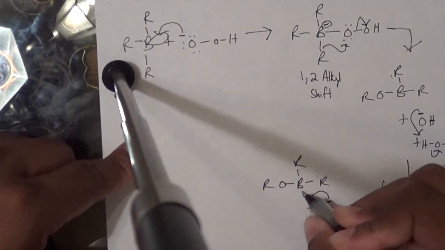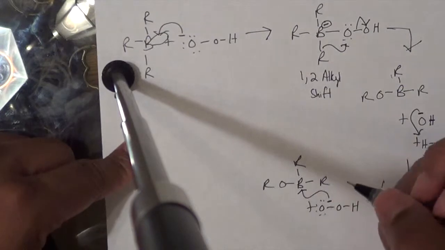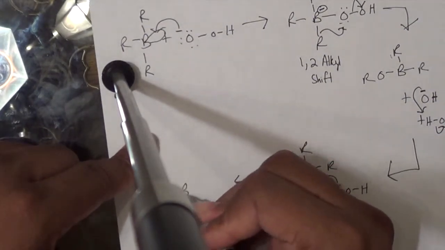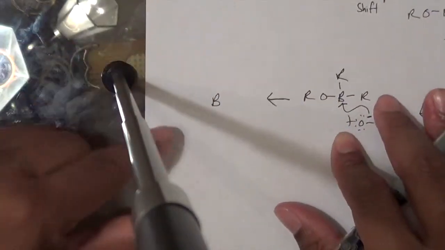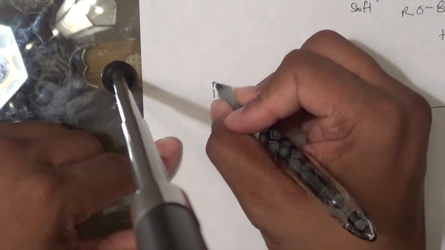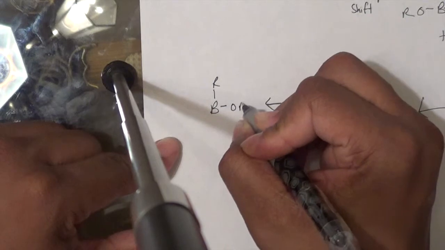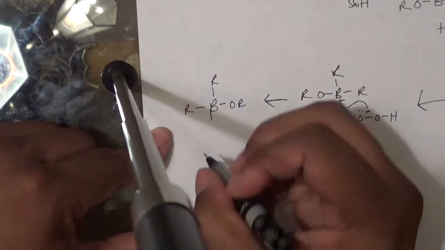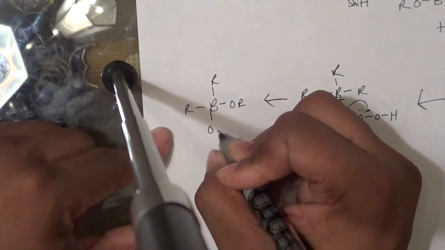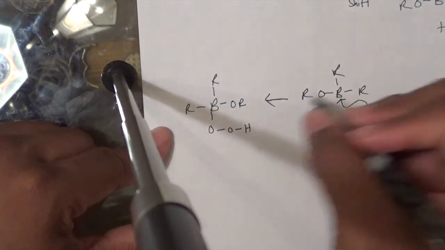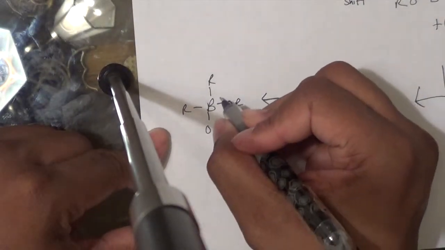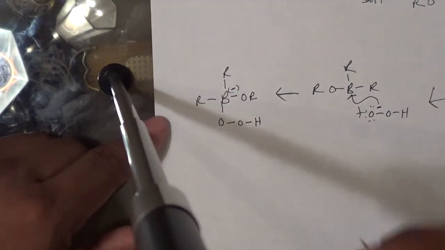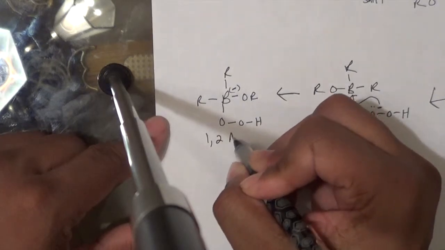Again, this is going to attack here, giving us a negative charge on here again, so we do another 1, 2 alkyl shift.